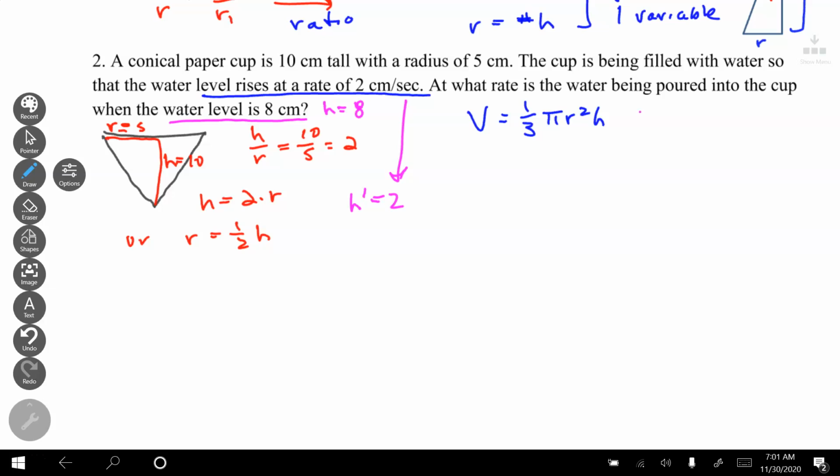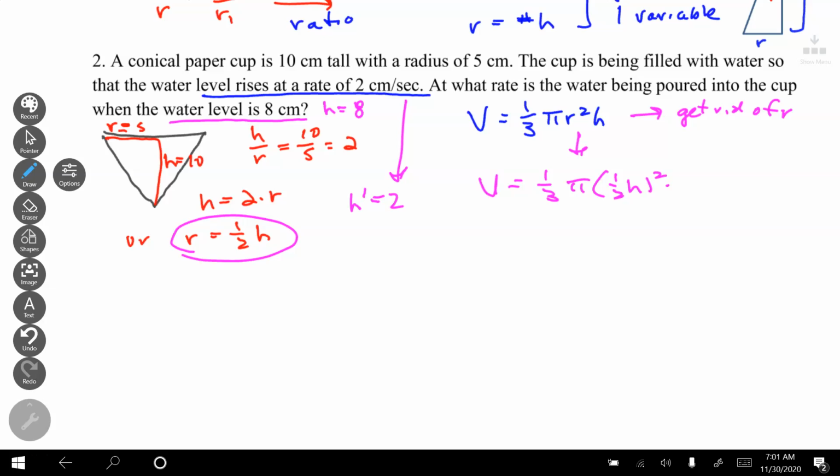So I want to rewrite this equation by getting rid of the r. So I'm going to rewrite it as v equals 1/3 pi times 1/2 h squared times h.